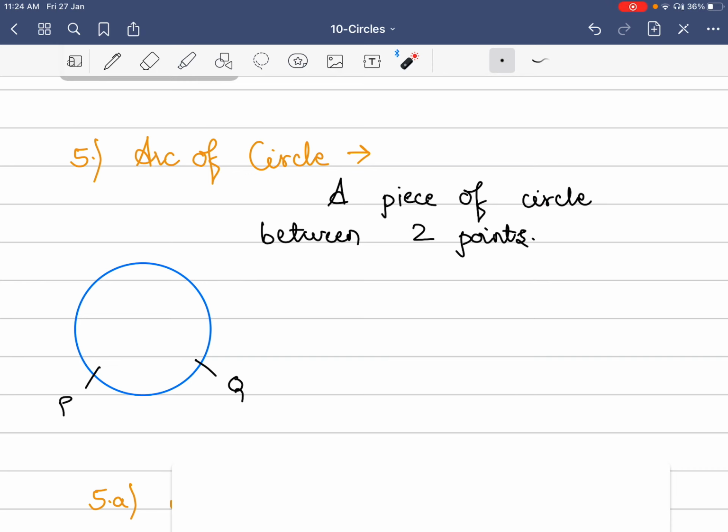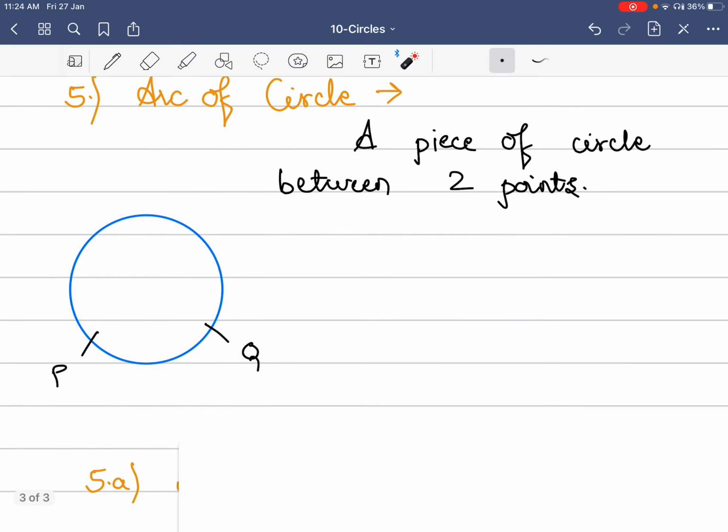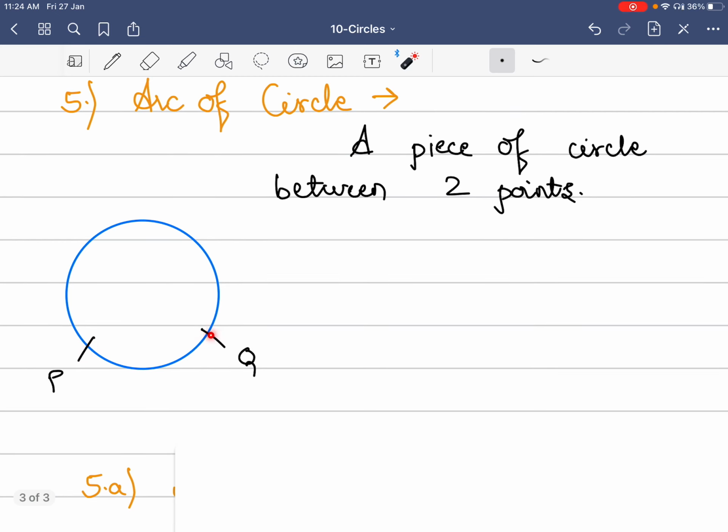So if you notice between these 2 points, this is one piece of a circle and this is another piece of a circle. In fact, I'm going to use a highlighter to show it. This is one piece of a circle, and this is another piece of a circle between these 2 points. So any 2 points on a circle will give us two types of arcs on the circle.